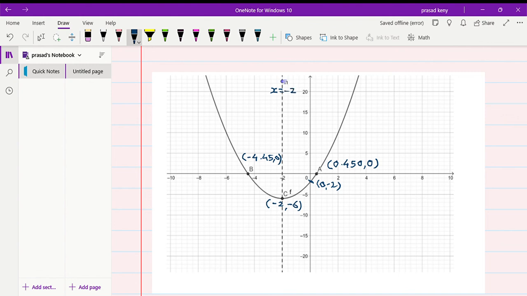So whenever you sketch this, first determine the x-intercepts, sketch them on the coordinate system, xy system, then plot the vertex, plot the y-intercept, and draw a very smooth curve passing through all these points.